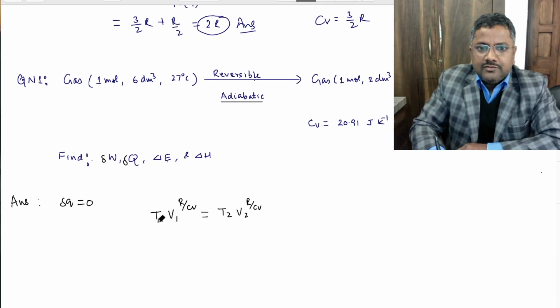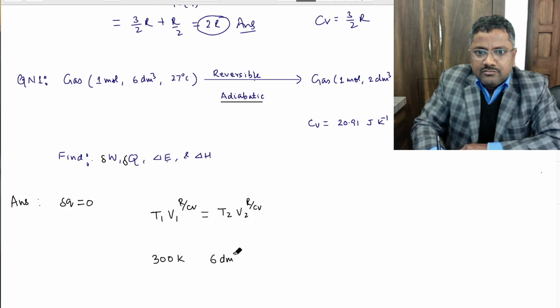So put the value. Initial temperature 300 Kelvin, and 6 dm cube to the power R by CV is equal to T2, which we have to find out, and 2 dm cube to the power R by CV.